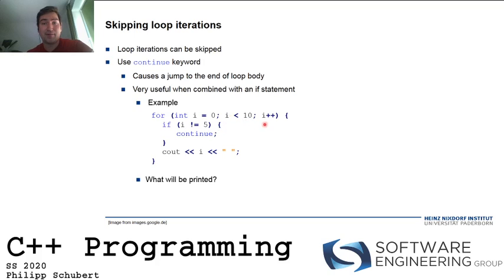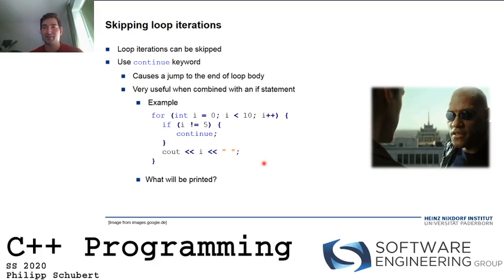And once the loop counter i is 5, then 5 is, of course, equal to 5, so we would not execute that continue, and we would print 5. So eventually, what will be printed is 5 to the command line.